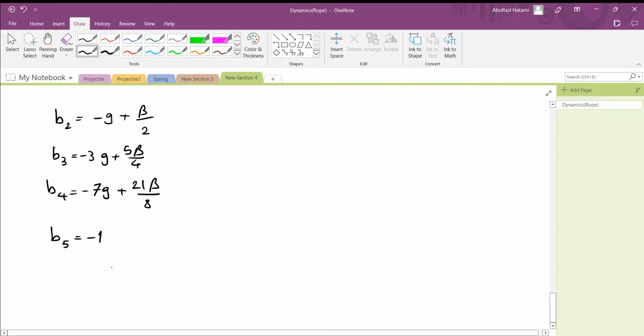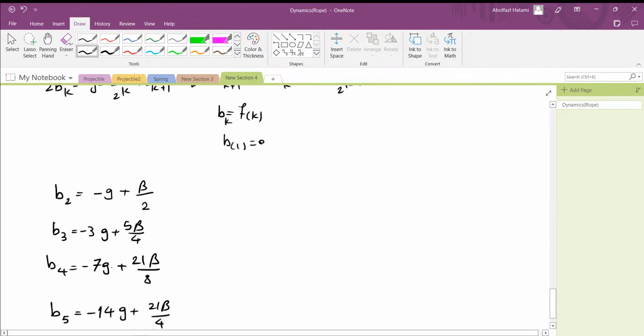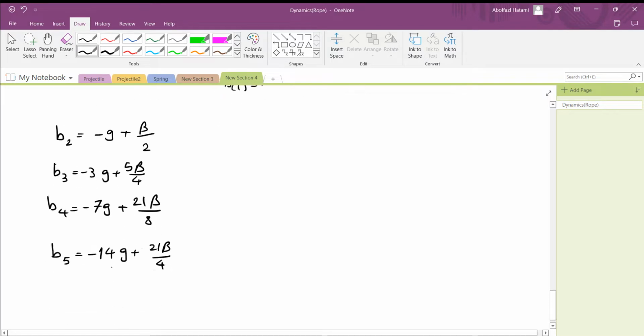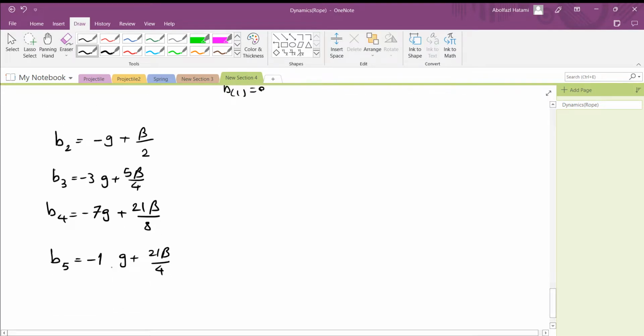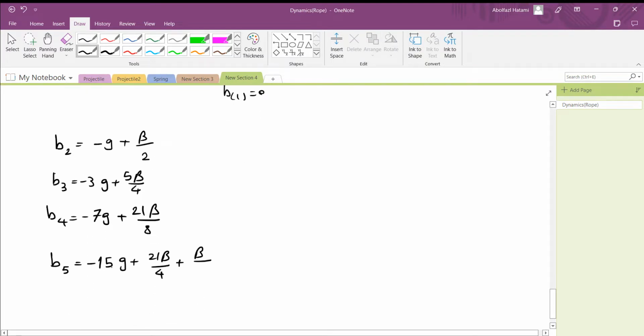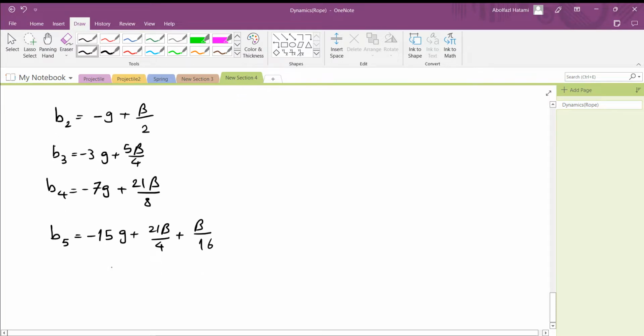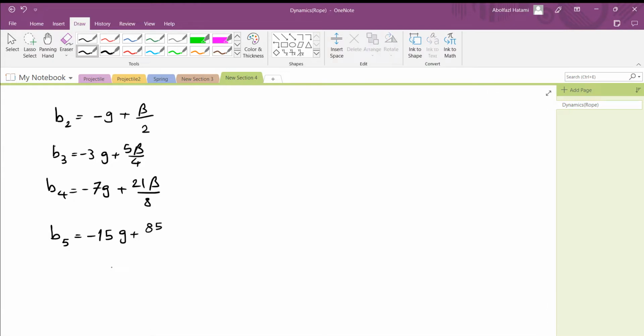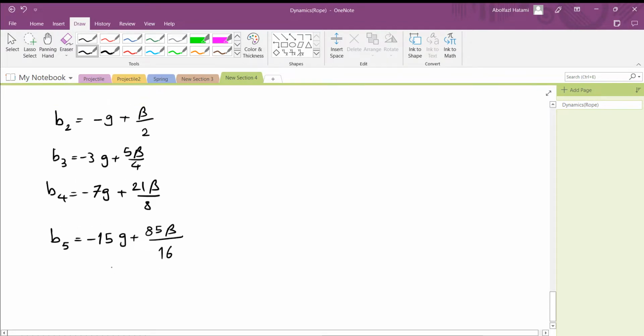It is minus 14g plus 21 beta divided by 4, minus g, which changes this minus 14 to minus 15, plus beta divided by 2 to the power of 4, which is 16, so it is going to be 85 beta divided by 16.